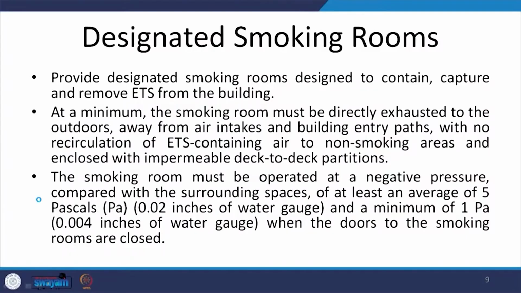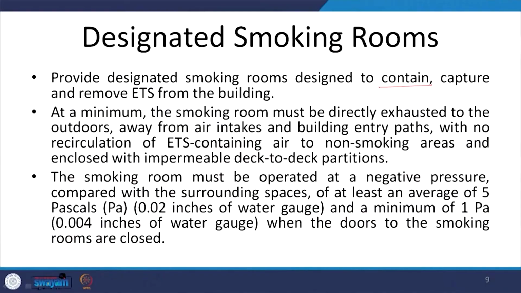It cannot be managed with the same ventilation system supplying the rest of the building. Designated smoking rooms inside the building must be designed to contain, capture and remove environmental tobacco smoke from the building. All three are mandatory, through passive design and the design of active systems.